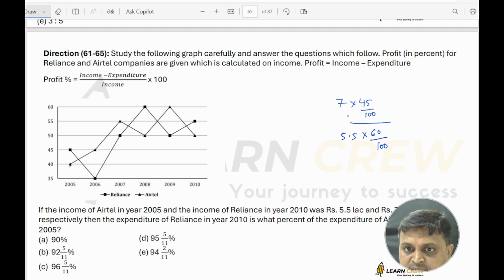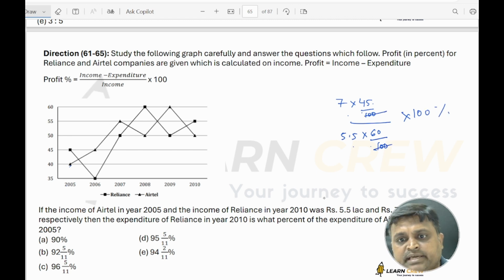This is the 2010 Reliance expenditure, and this is the 2005 Airtel expenditure. What is asked? This value is what percent of that, meaning into 100.